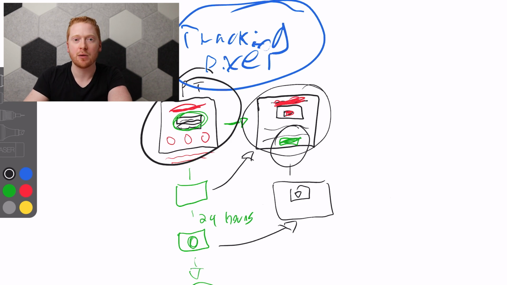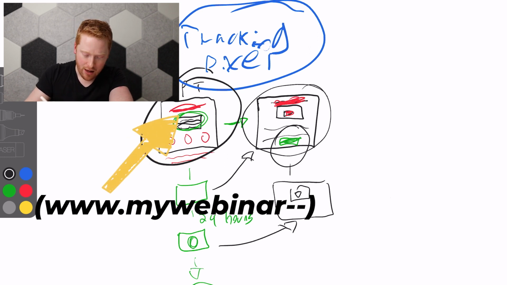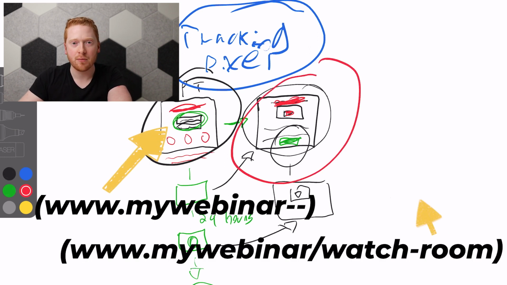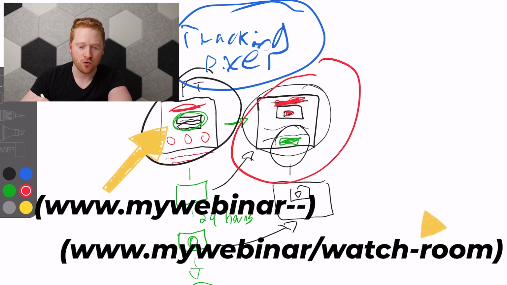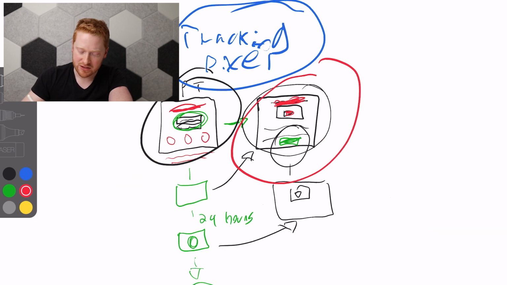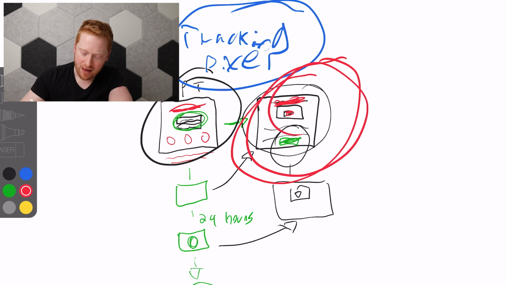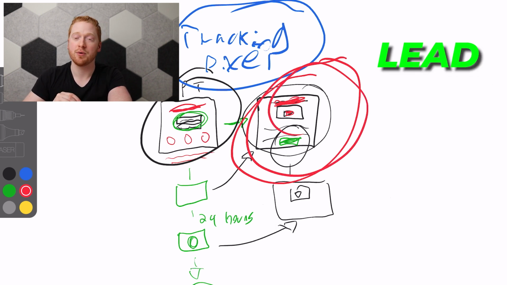So this might be www.mywebinar-opt-in, and this page here would be something like www.mywebinar/watch-room, and you're just going to tell Facebook, Google, whatever your tracking software you're using is, or where you're running ads, that when someone reaches this page, then that converts as a lead, so you know what your cost per lead will be. But pretty simple and short to the point video.